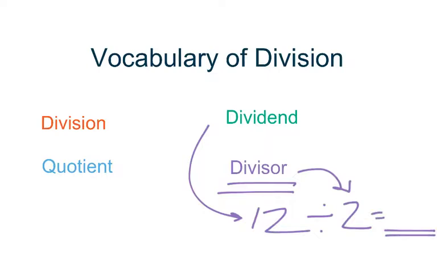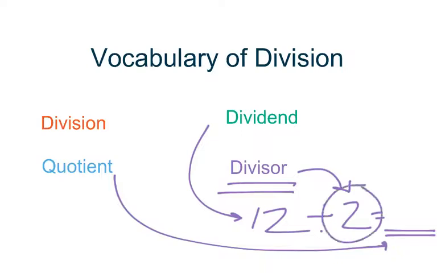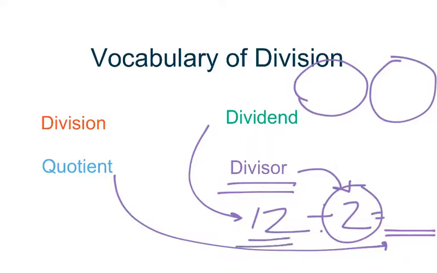In order to find my quotient, which is the answer, I need to make 2 groups, 1, 2. I need to count up how many my dividend is, which is 12, until I run out, splitting them equally amongst the divisor, the 2 groups. It's just kind of a fancy word to say how many groups. So let's get going. We have our 2 groups. We have 12 items.